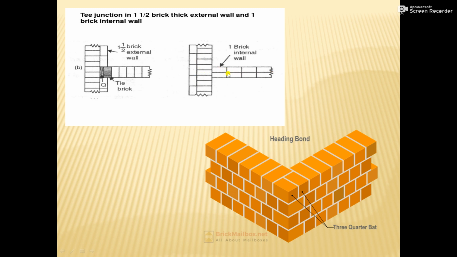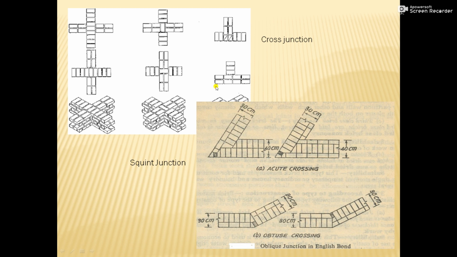This internal wall meets the external wall at a 90 degree angle, so it is known as a T junction because it is of the shape T. Here again, in the heading bond, you can see the T junction or the cross junction over here.